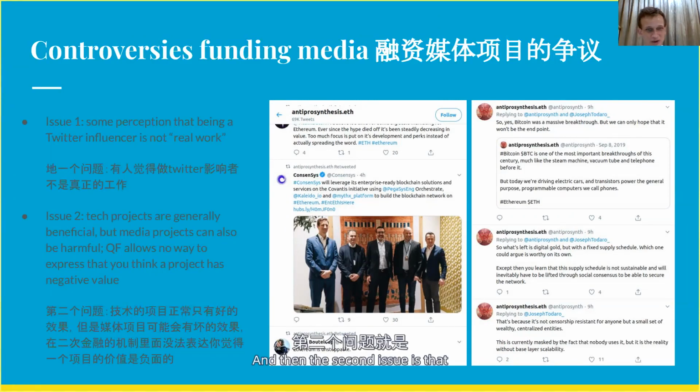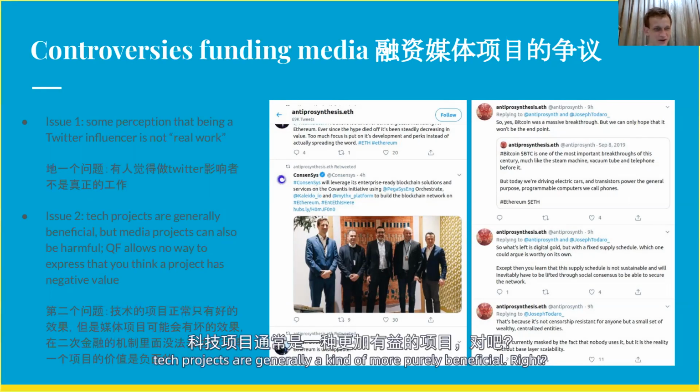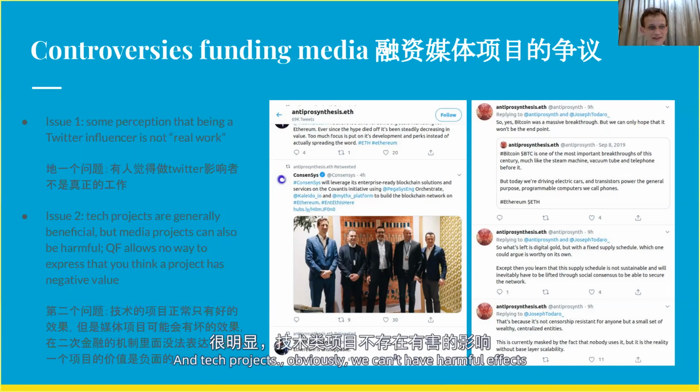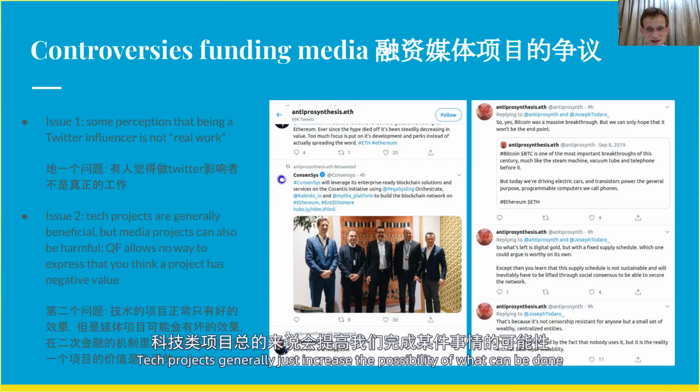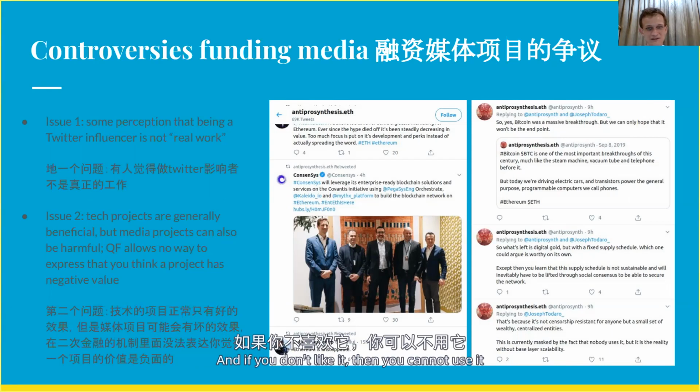So we saw these 2 viewpoints. And then the second issue is that tech projects are generally more purely beneficial. Tech projects obviously can have harmful effects, but it's much more rare. Tech projects generally just increase the possibility of what can be done, and if you don't like it, then you cannot use it. But media projects can potentially have upsides and downsides.